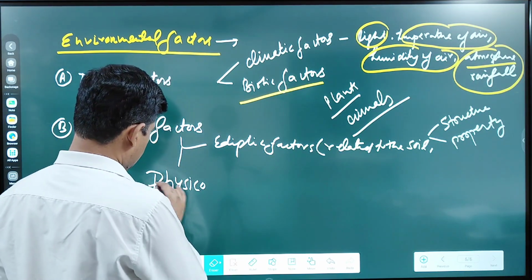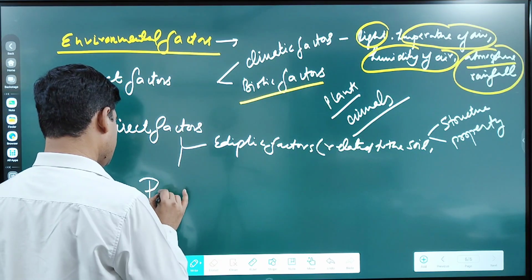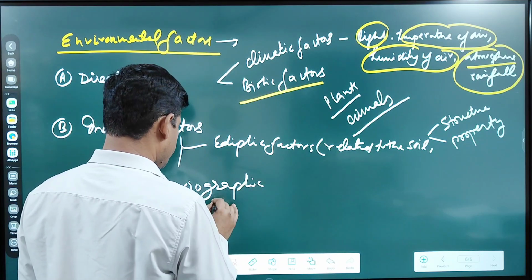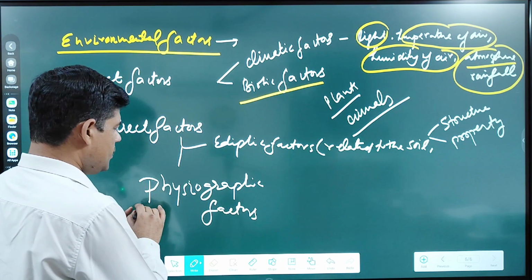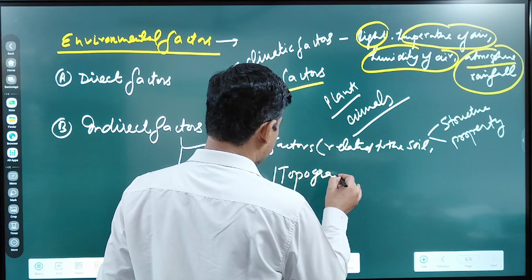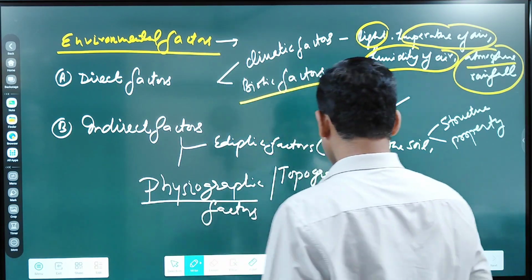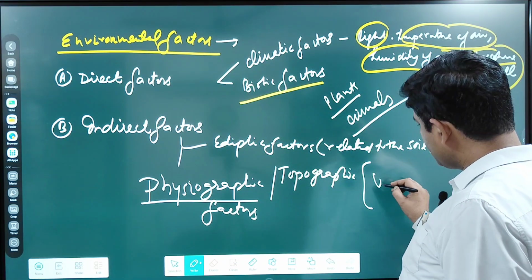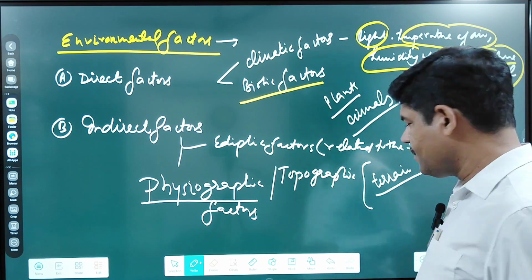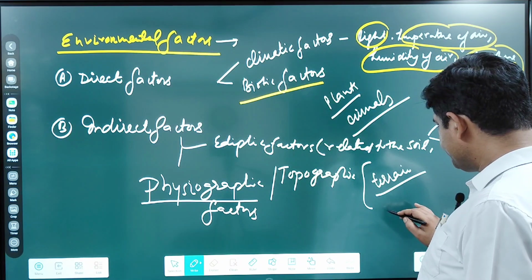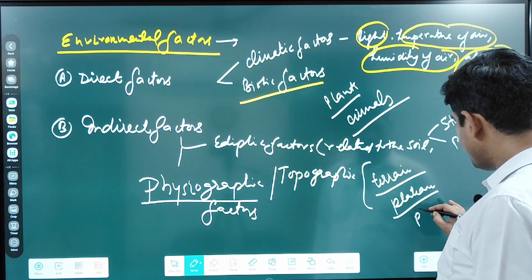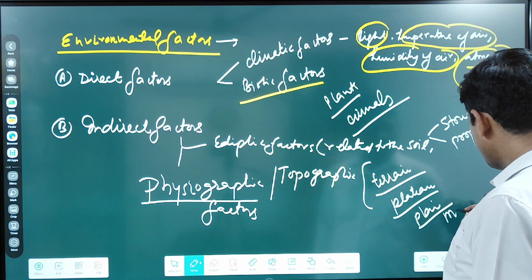Physiographic means topographic. For example, terrain, profile, plateau, plain, mountain.